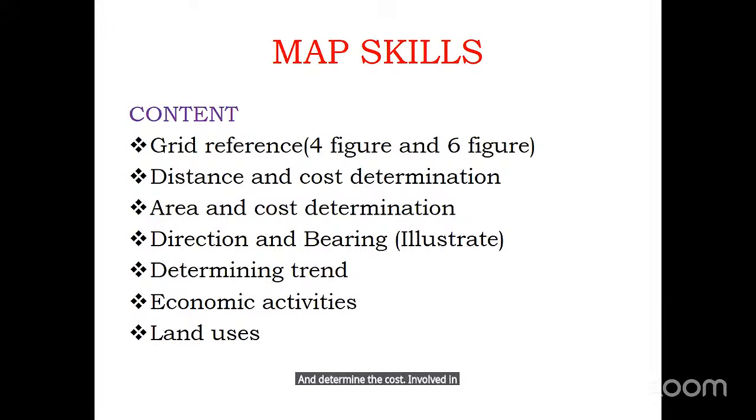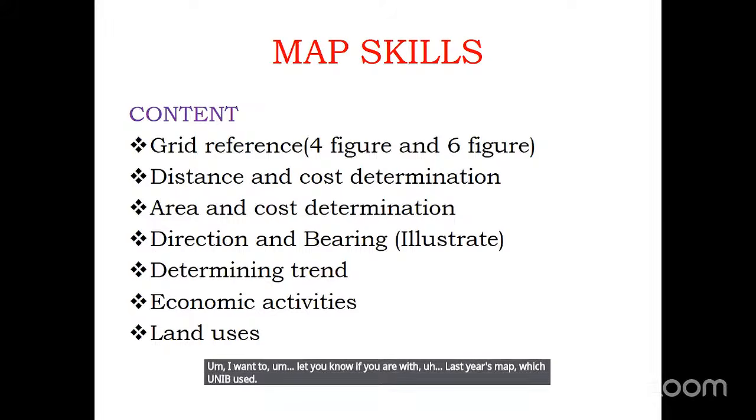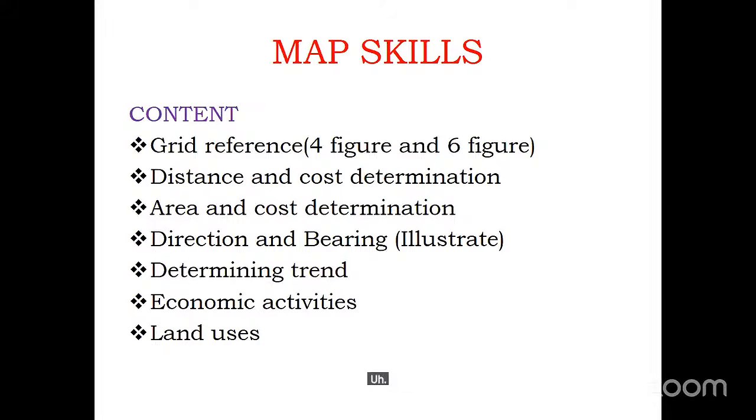I want to let you know, if you were with last year's map, which UNEB used, the map of Nakasongola, you will realize that that map has 4 linear scales.